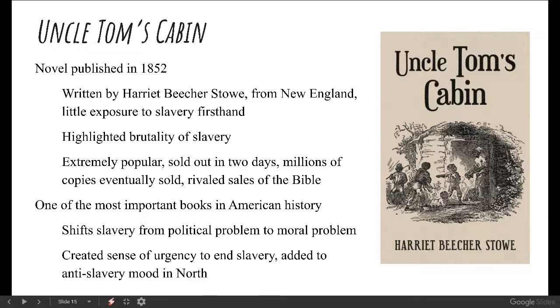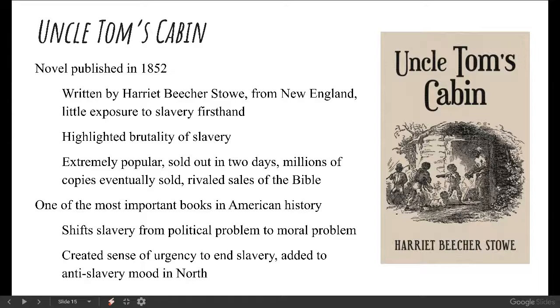And her story, Uncle Tom's Cabin, highlights the brutality of slavery, just showing people and exposing people, especially in the North, to the issues of slavery. So it becomes extremely popular, sells out in 2 days, and eventually sold millions of copies to rival sales of the Bible. And it later becomes one of the most important books in American history.